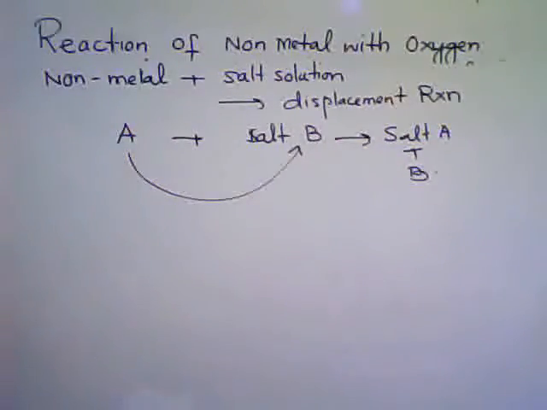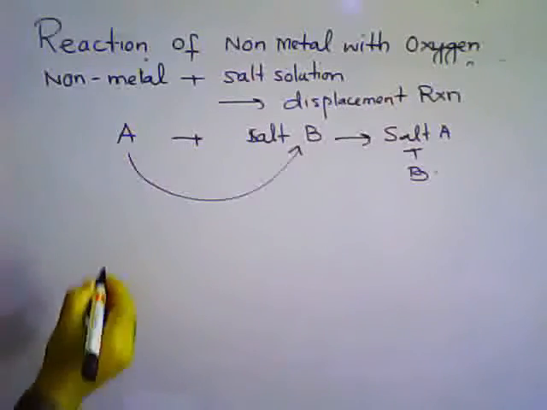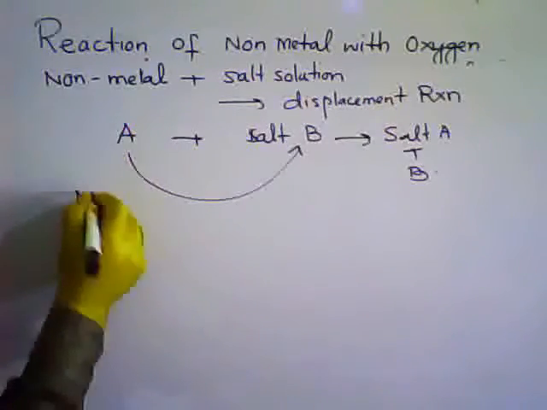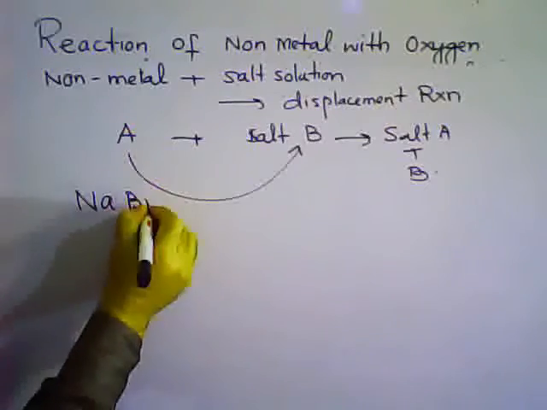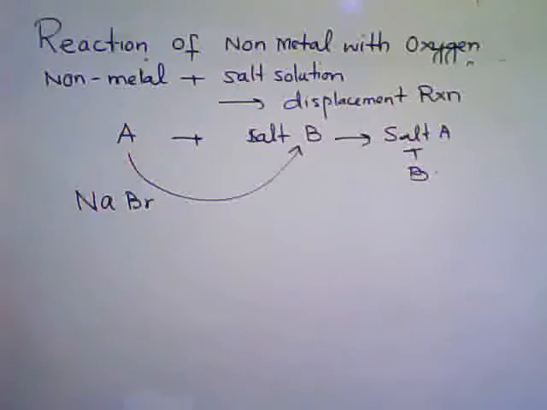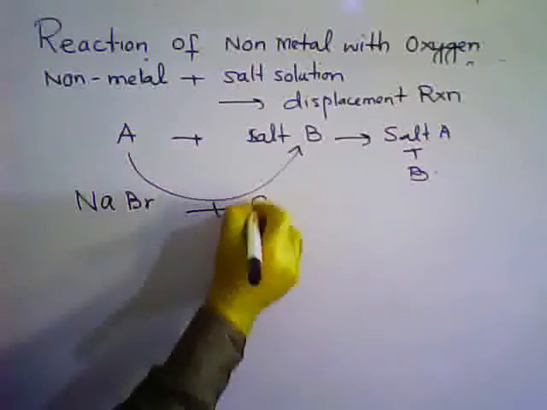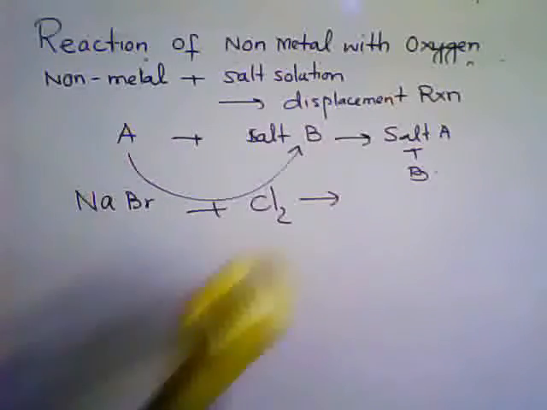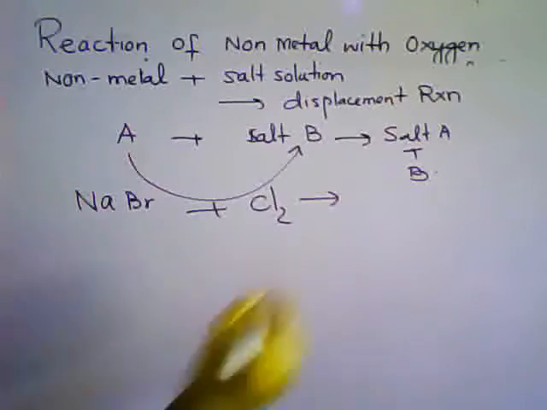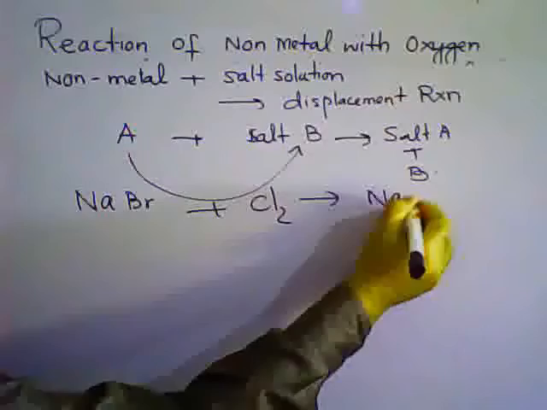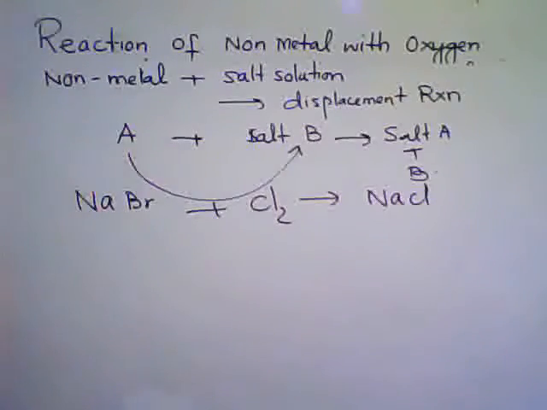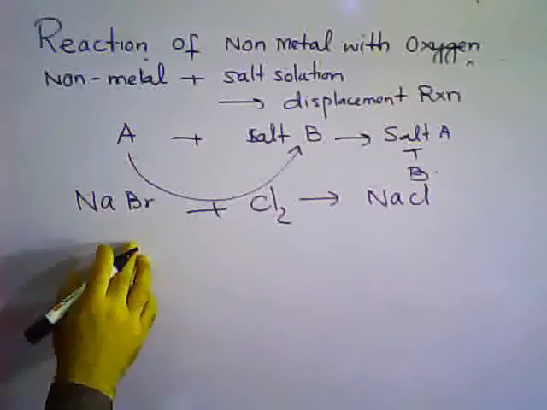So simply we will take an example like sodium bromide, NaBr. Okay dear, NaBr. It's made to react with chlorine. So the product formed will actually be sodium chloride. Okay dear, sodium chloride. So what is the process here?